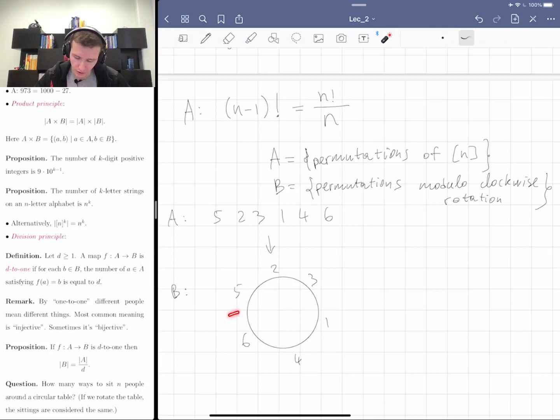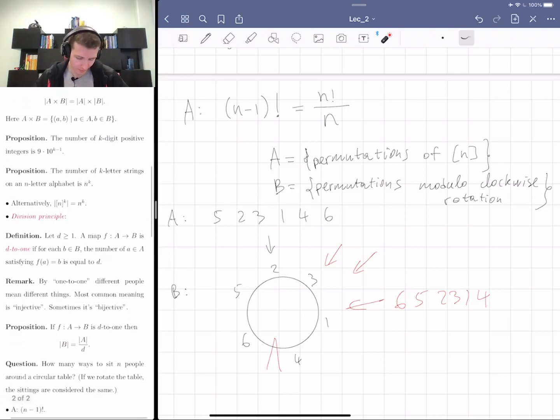So in particular, every circular arrangement can come from n different permutations, because you can pick any of the n spots between two people and break there. If you break it here, then you're going to get 6, 5, 2, 3, 1, 4, another permutation. And in general, there are n different permutations which map to the same circular arrangement. So yeah, that's the division principle.